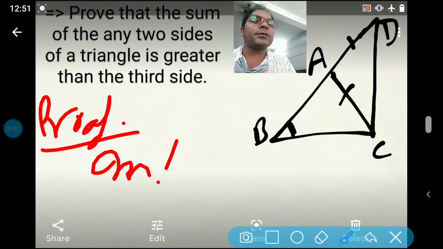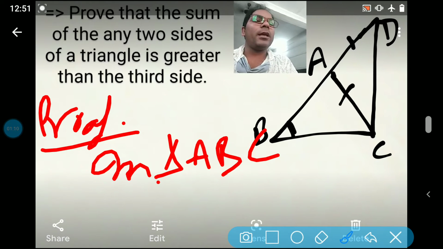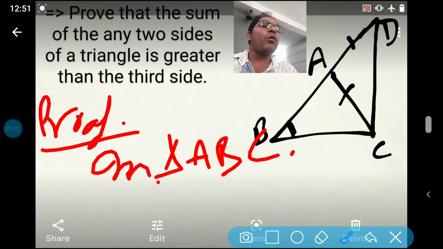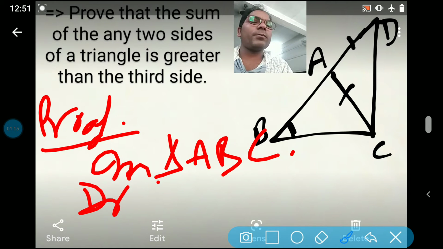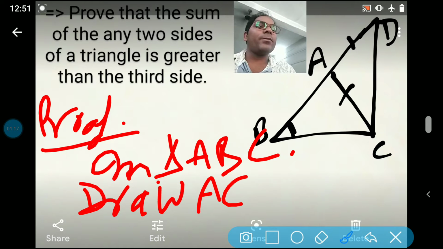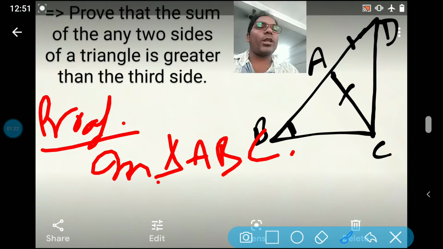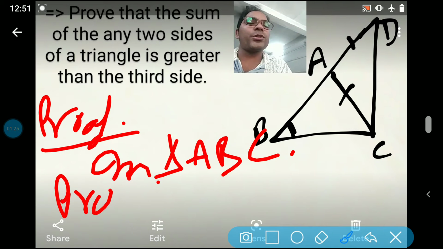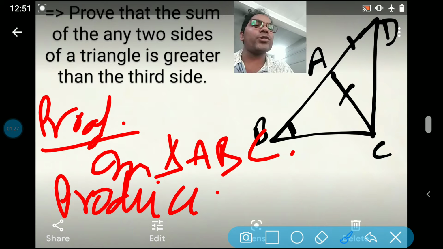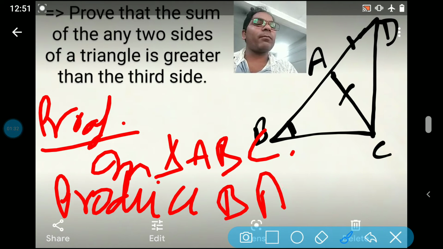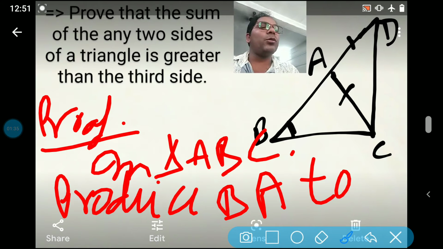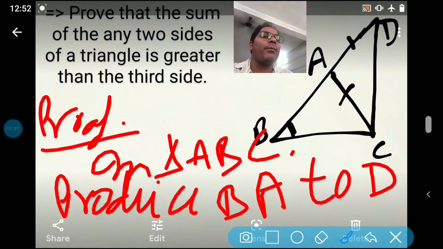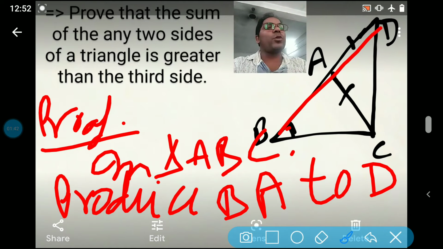In triangle ABC, we are going to draw: produce BA up to D, such that we have to produce the line. This line BA is going up to point D.